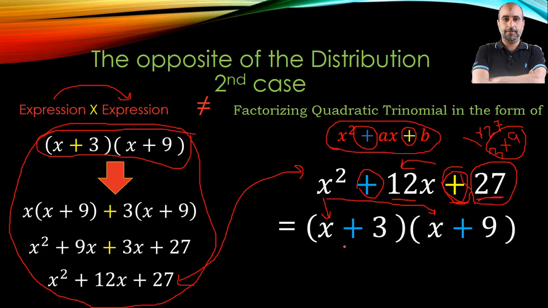Now, we want to determine the signs between them. If the absolute number's sign is positive, then the two signs will be the same, just like the middle term. If it's plus, then the two signs will be alike. Because it's a plus, the two signs will be plus. If it's a minus, the two signs will be minus, and so on.